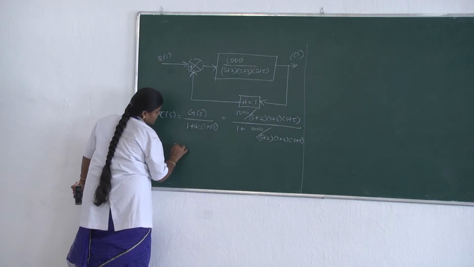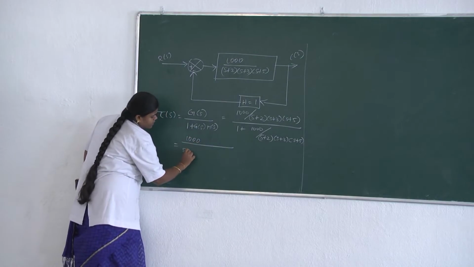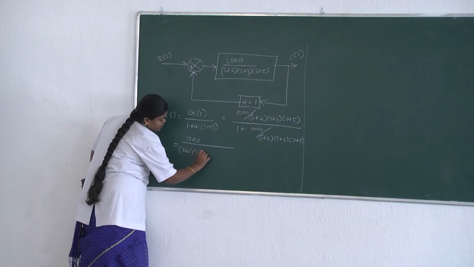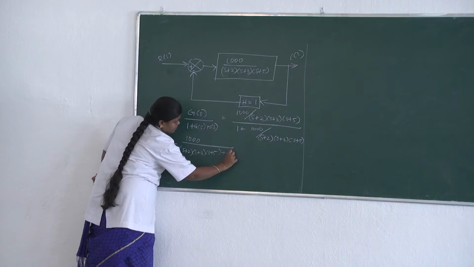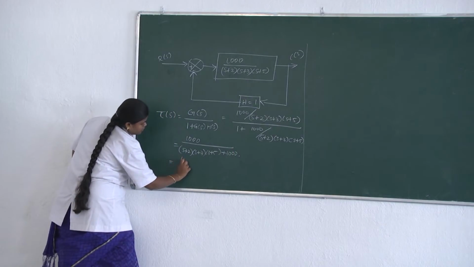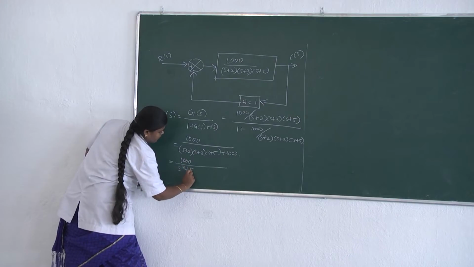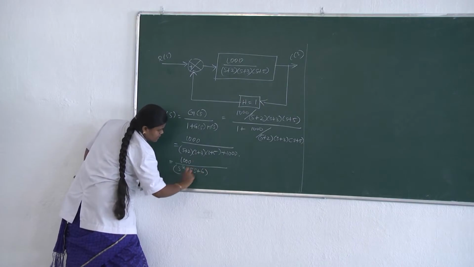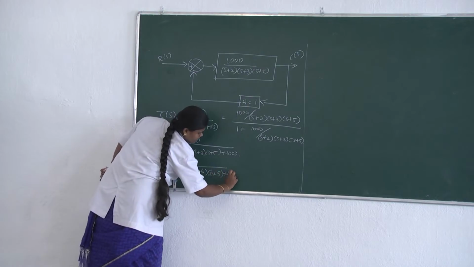So by taking the LCM and cancelling the denominators, we get 1000 divided by (S+2)(S+3)(S+5) + 1000, which is equal to 1000 divided by (S^2 + 5S + 6)(S + 5) + 1000.